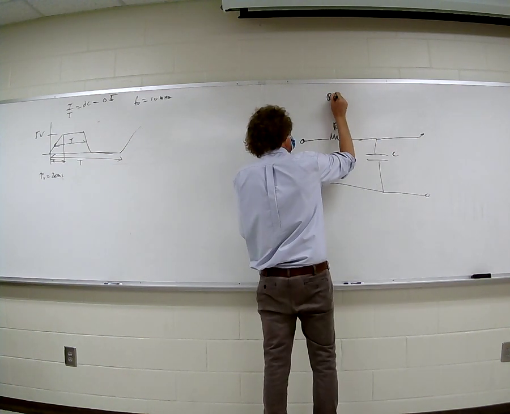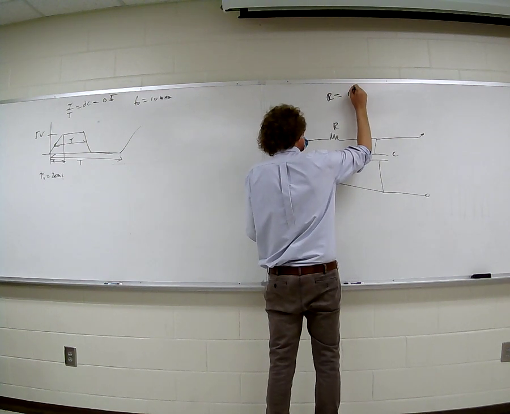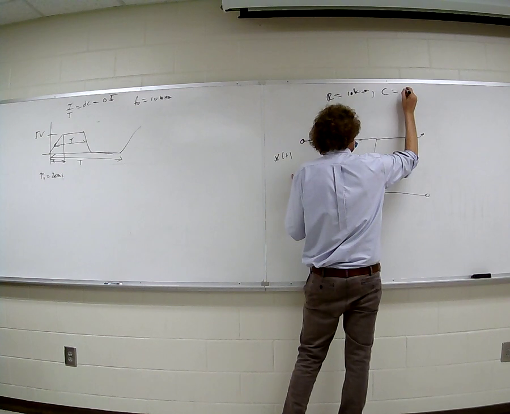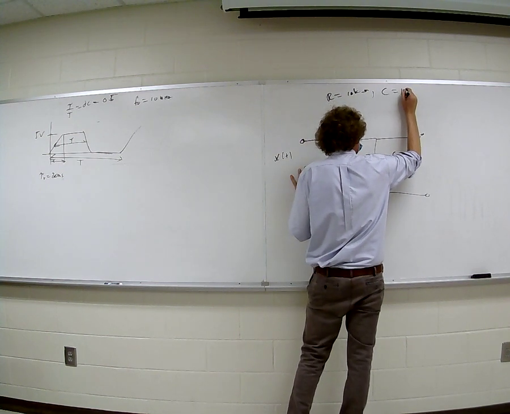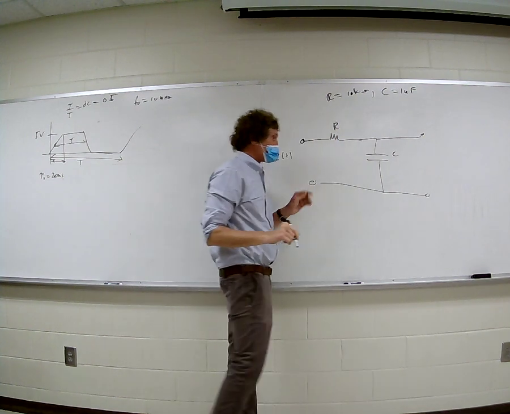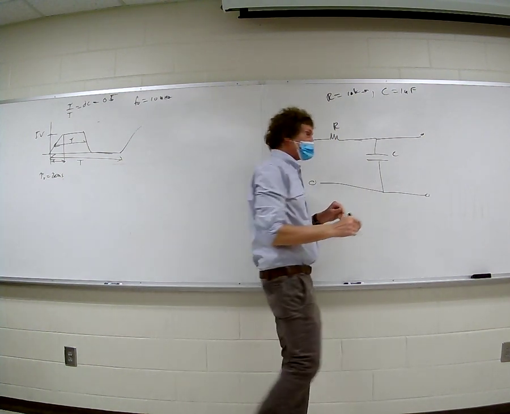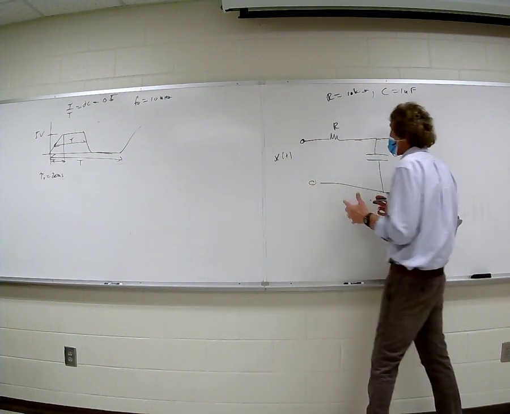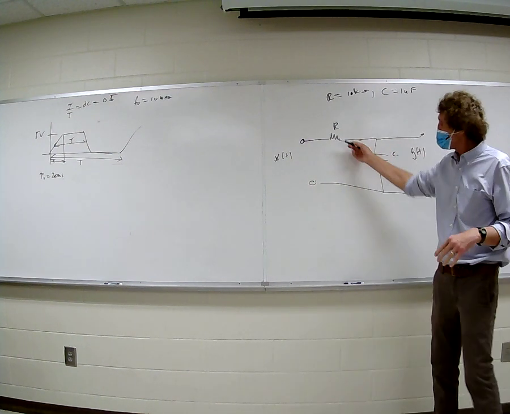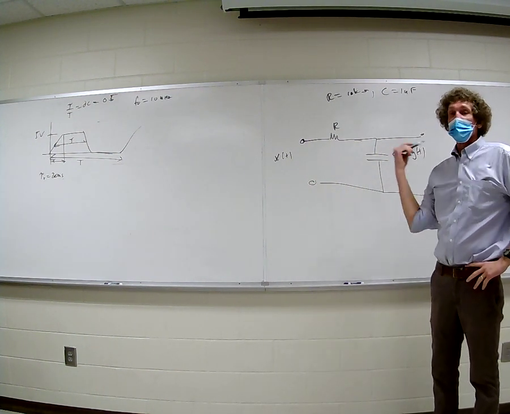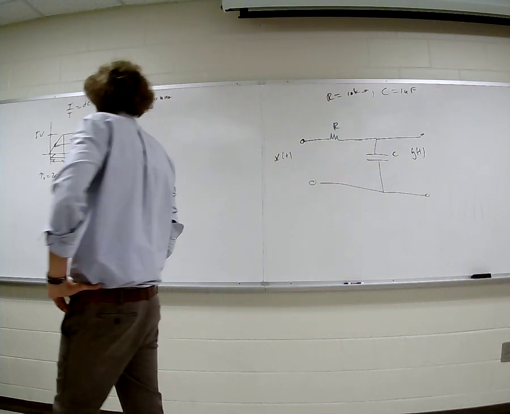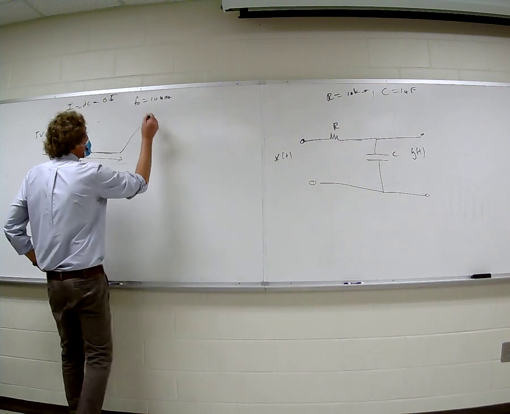Here we're going to make R equal to 10k ohm, and C is, say, 1 microfarad. That's a big capacitor. And what I want is information about the output. So here's my output y of t. Now y'all follow me? That's the waveform that's going to get plugged in here on the input, and I want information about the output. Y'all with me? So the first harmonic is 10 megahertz.